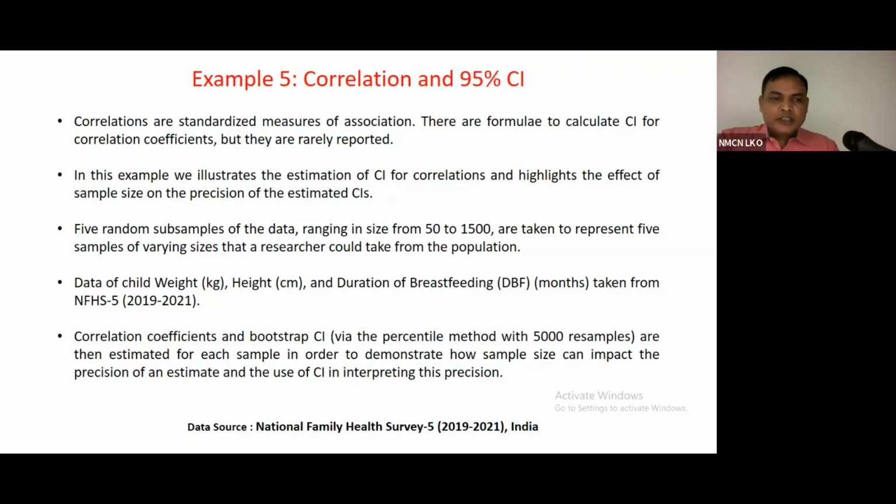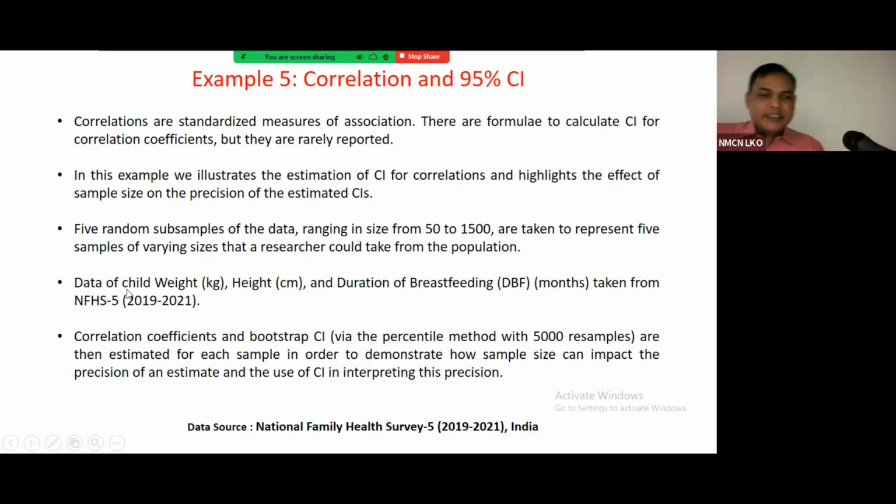So 5 random subsamples of data ranging in size from 50 to 1500 are taken to represent 5 samples of varying size that a researcher could take from the population.